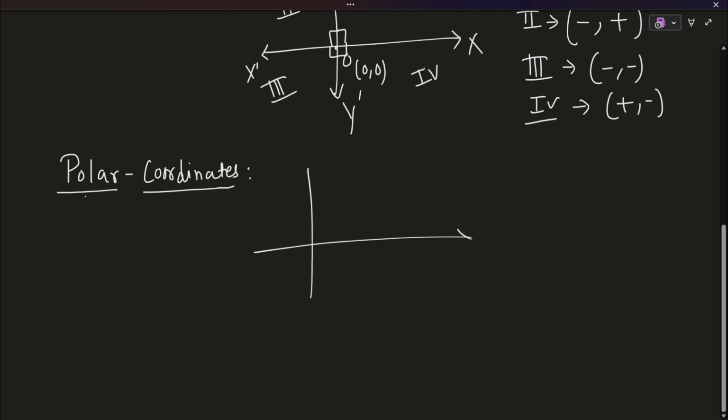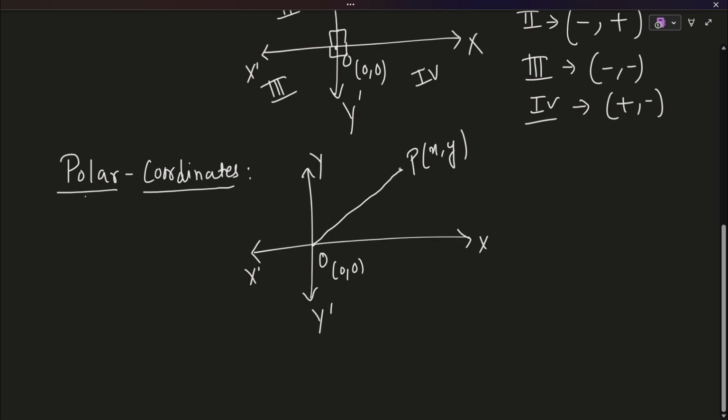As usual, we will draw our x-axis and y-axis. This would be y prime and this would be x prime. Let's denote a point P with coordinates x, comma, y. This is our origin O, which has the coordinate 0, comma, 0.